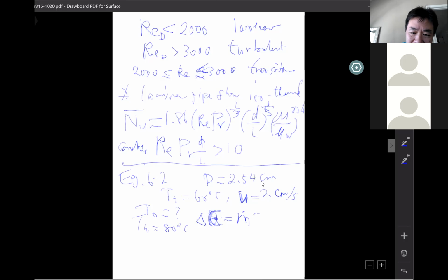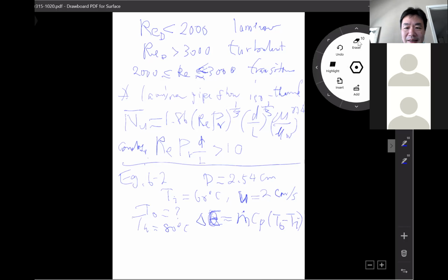Mass flow rate times Cp times T out minus T in. Is that right? Does this equation look familiar to you? Did you use this equation before? A lot, right? In thermodynamics, right? Yeah, so that's good. There's a lot that I assume everybody understands.